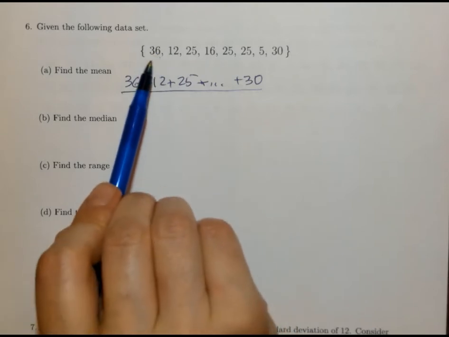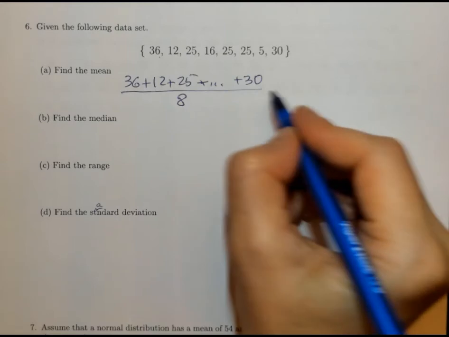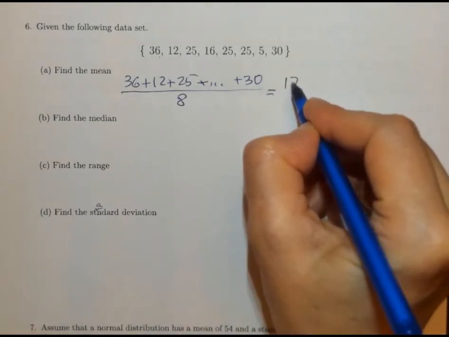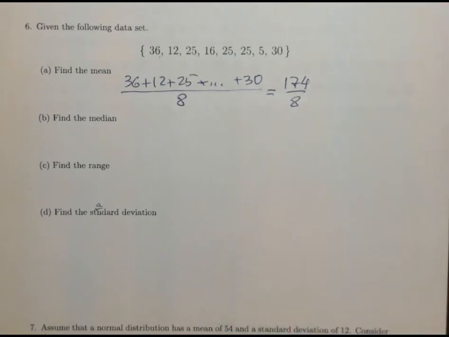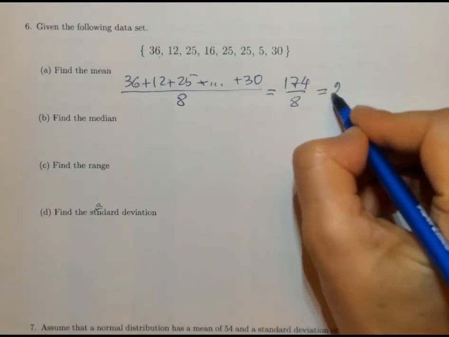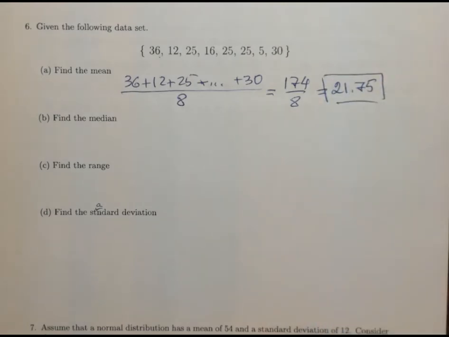How many numbers do we have in the set? We have 8 numbers, so we divide by 8. 174 over 8 equals 21.75. This is the mean of the set.